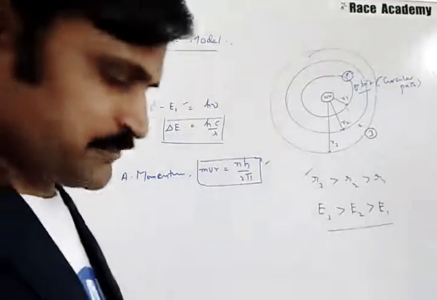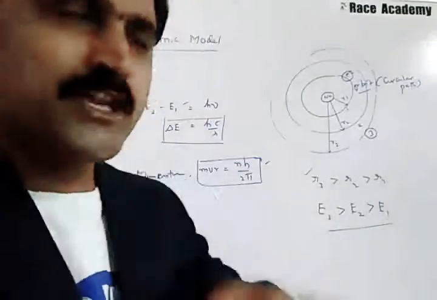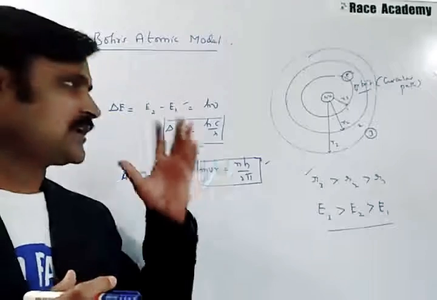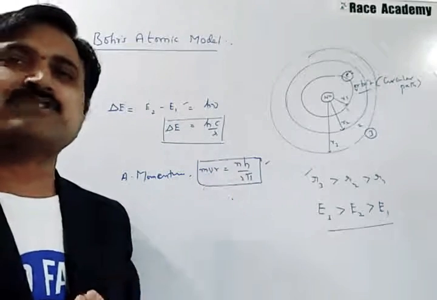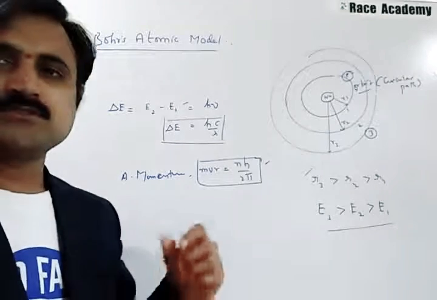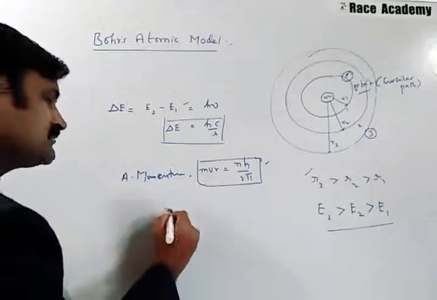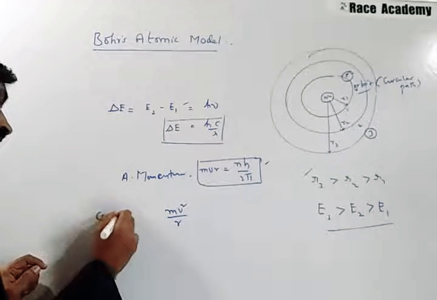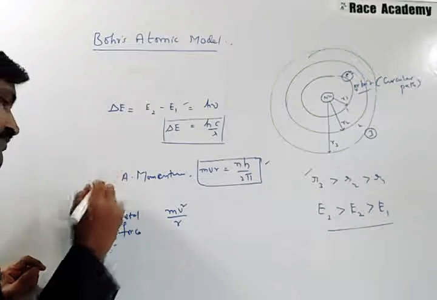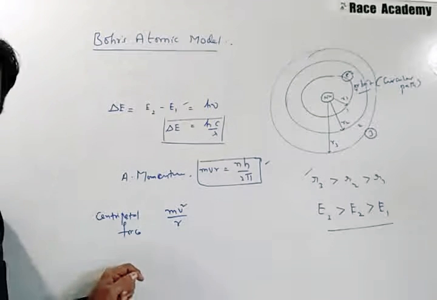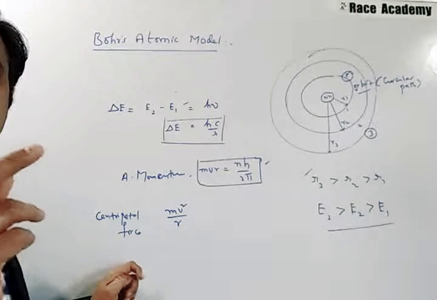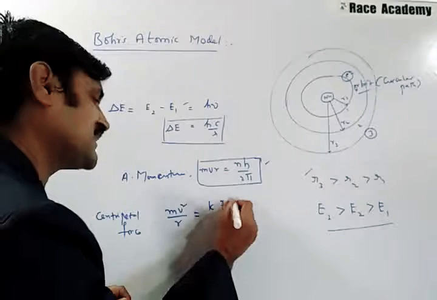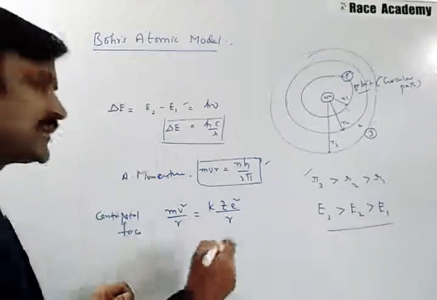Next, another important postulate of Bohr's theory is that during the revolution in an orbit, the necessary centripetal force is provided by the electrostatic force of attraction between the electron and the nucleus. The centripetal force is mv square by r, and this force acting between the electron and nucleus equals k into Z into e square by r square.